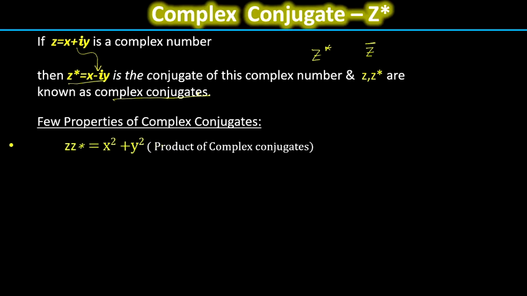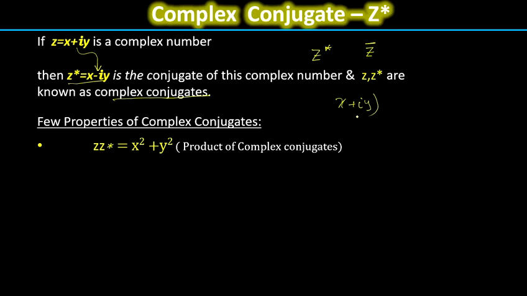Now you should learn a few properties of complex conjugates. I'm not going to detail the proof of these properties, but you should remember, memorize them, because these are commonly used when you solve questions from the book or the past papers. Whenever you multiply two complex conjugates, you always get x square plus y square. Very simple to understand. If I have a complex number, this is my conjugate.